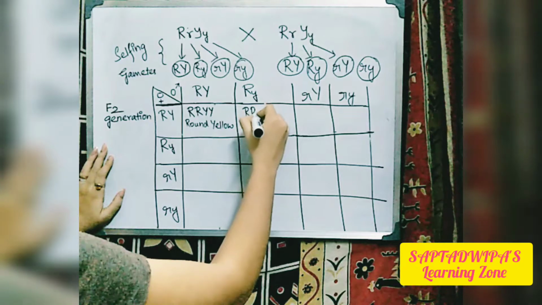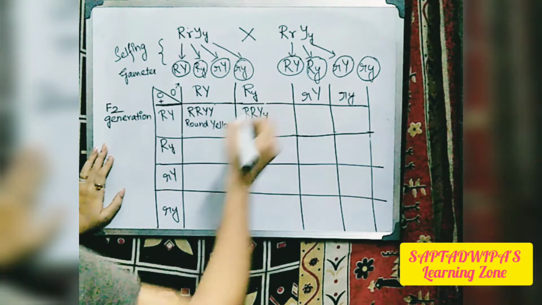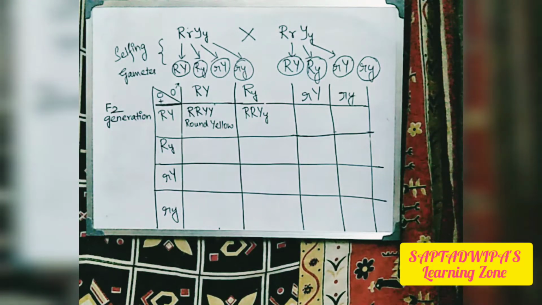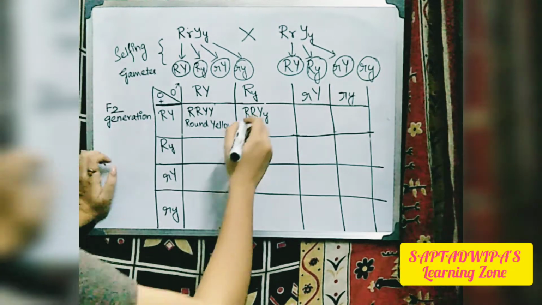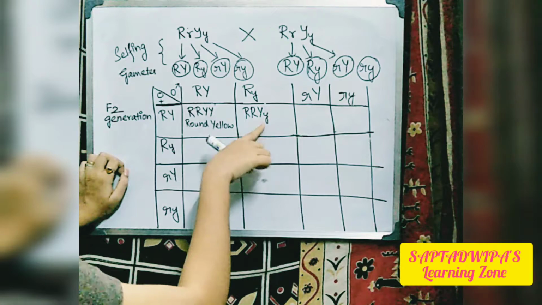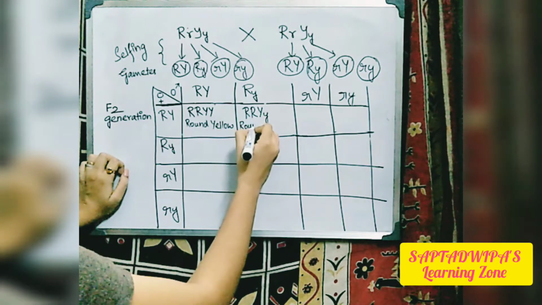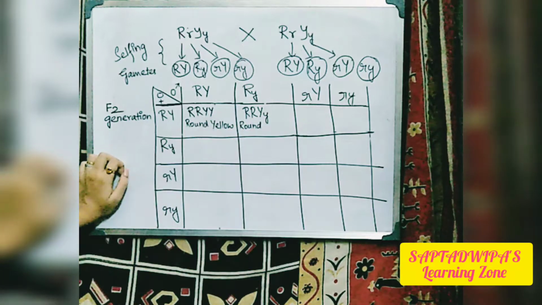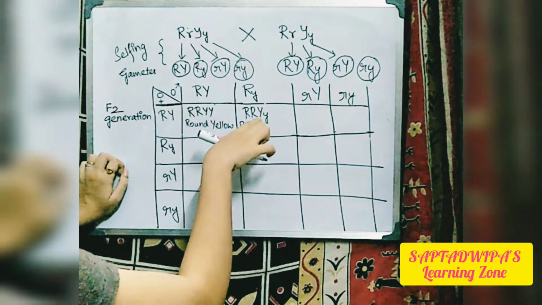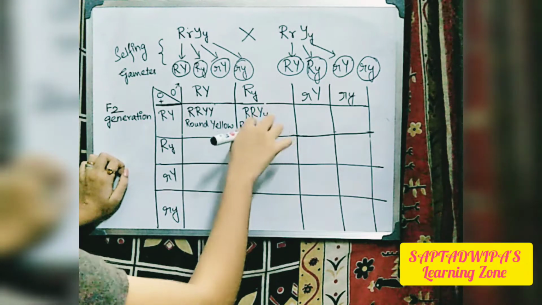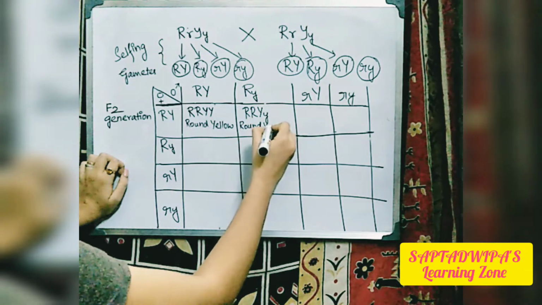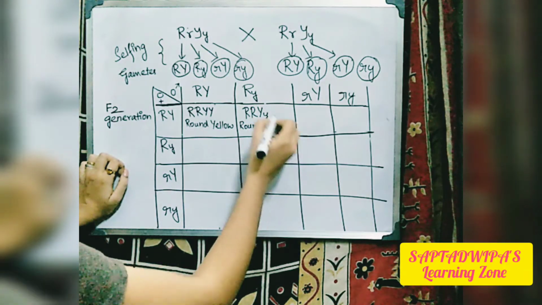Capital R, capital Y, small y. So which one is the dominant here? R. That means it will be round. And among the color, which one is the dominant? Y. That is capital Y. So yellow. This is also a round yellow seed.